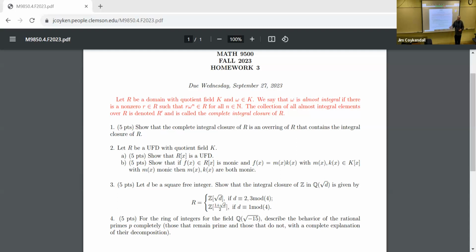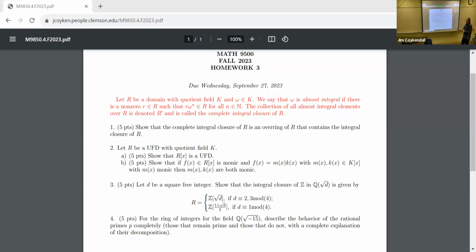But it occurs to me that you might have some element that's integral that is a root of some degree 2 polynomial with rational coefficients, but it's also a root of a monic polynomial, say of degree 5, and that's as small as it can go. This problem might help you show that this can't happen.